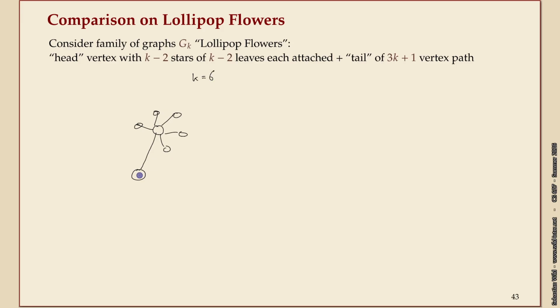So we have a head vertex here, and then there are k minus 2 stars attached, each with k minus 2 leaves. So it seems like I'm drawing k equals 7, right? So I have to draw this 7 five times. That's doable.